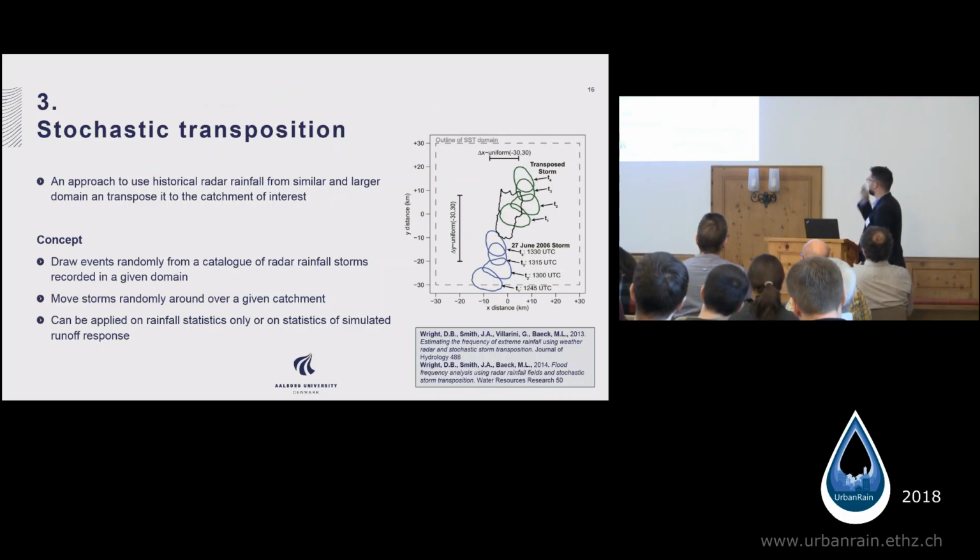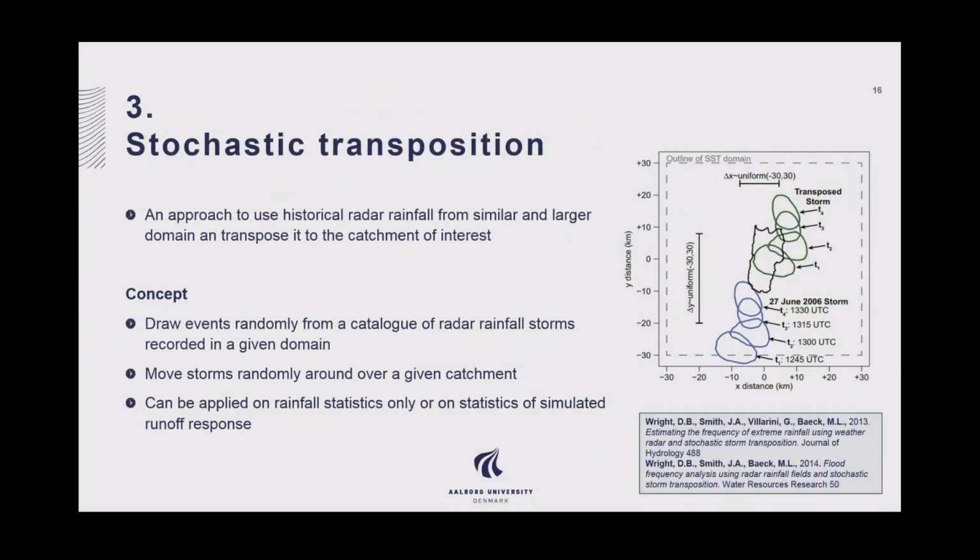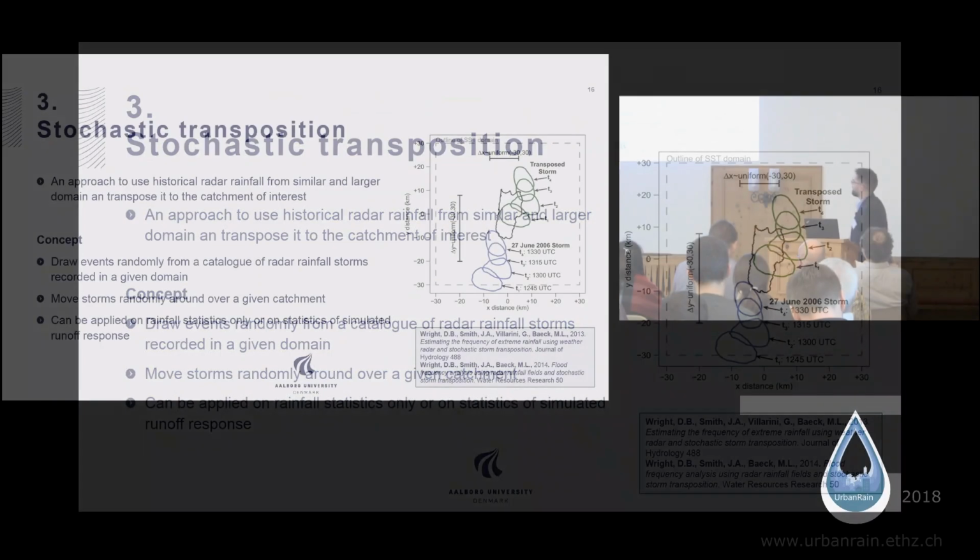So, in order to solve this problem, we are looking into what we call stochastic transposition. And this is a method developed by Dan Wright in the US, where he, let's say, moves stochastically storms around. So not looking at a fixed area as we did before, but saying, okay, this storm we observed elsewhere could as well have been observed over this catchment that we're looking upon.